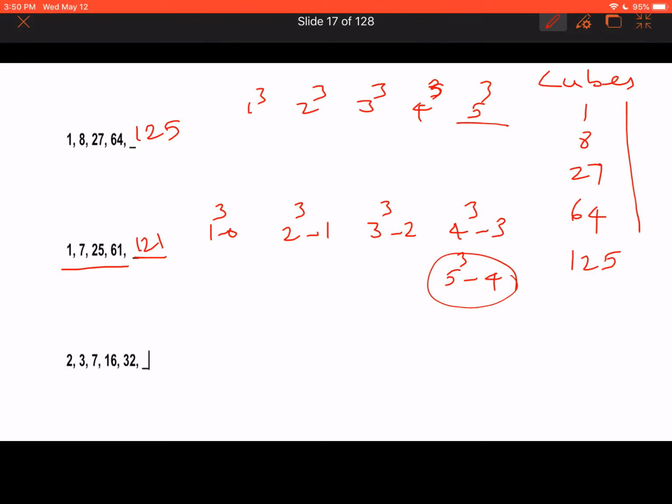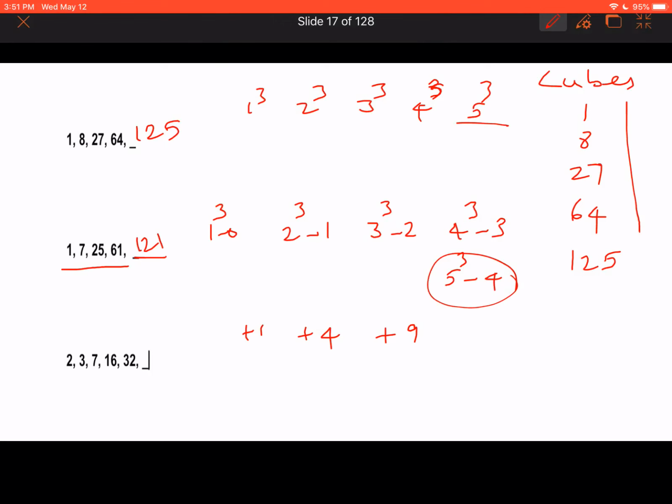Okay, let's see one more problem, that is 2, 3, 7, 16, 32. Is there any relationship between these numbers? No. So we will find what is the difference. Okay, 2 and 3 it is plus 1, 3 and 7 it is plus 4, 7 and 16 it is 9, right?